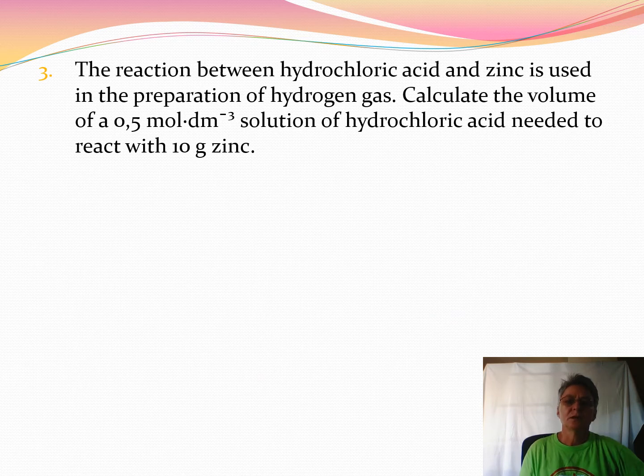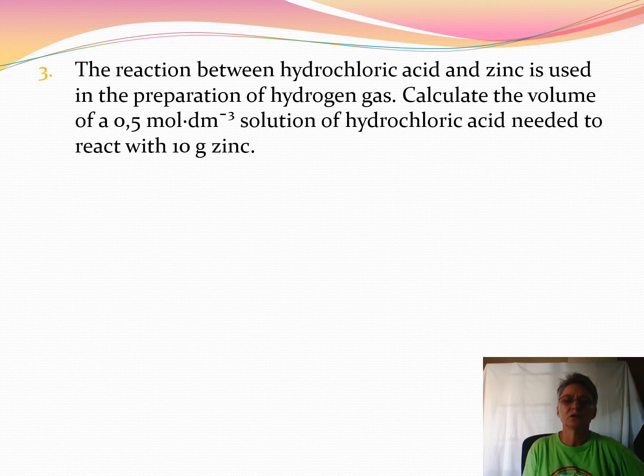In the next one, question 3, the reaction between hydrochloric acid and zinc is used in the preparation of hydrogen gas. Calculate the volume of a 0.5 mole per cubic decimeter solution of hydrochloric acid needed to react with 10 grams of zinc. Now this is not a gas volume, this is a concentration volume.